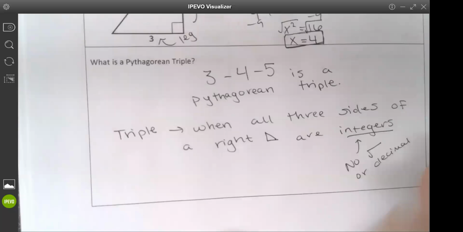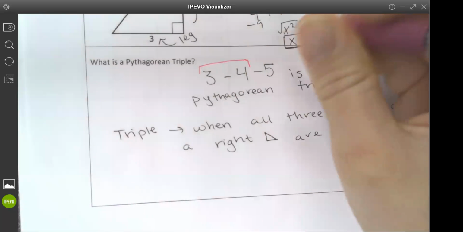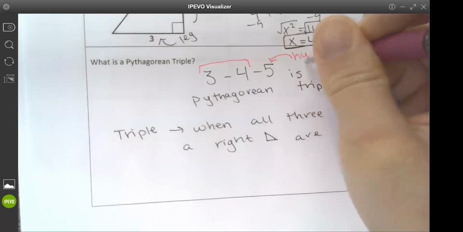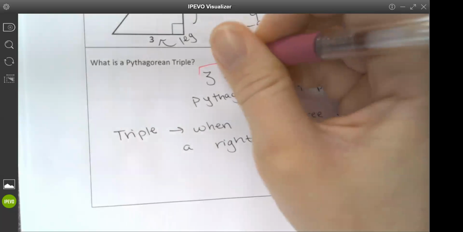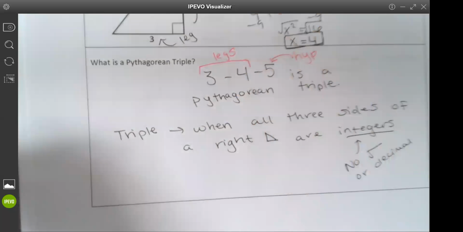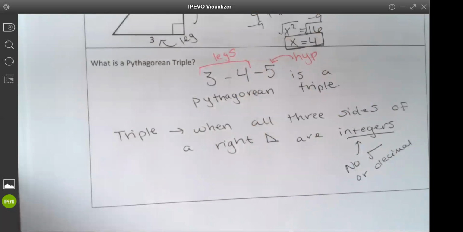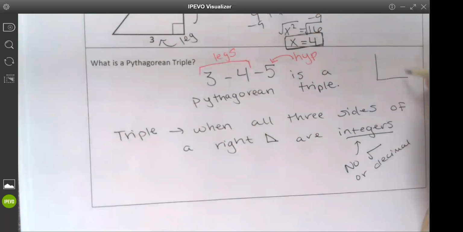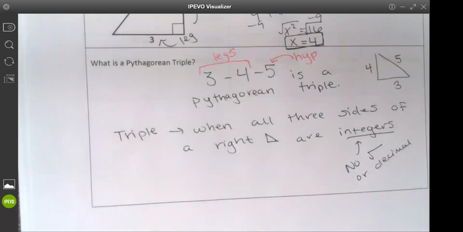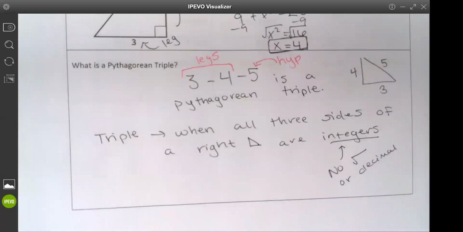Now, what's important about a triple, similar to the theorem, is that it is always that the largest side is the hypotenuse. So it wouldn't work. Let me give an example. So for example, if I knew this is 5 and that's 4, then I go, oh, this is 3, because it has to be 3, 4, 5.